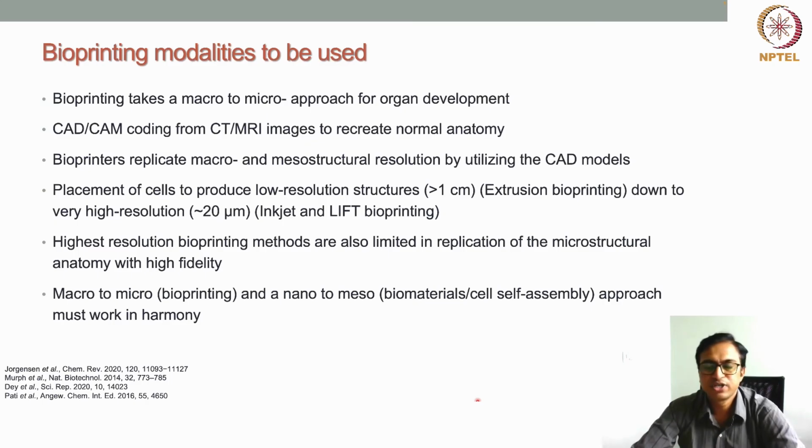That is very important for organ function. And if you look more and more at the microstructure of organs, you will be amazed to see the detailing that is present, and that is very important for the function of those particular tissues and organs.